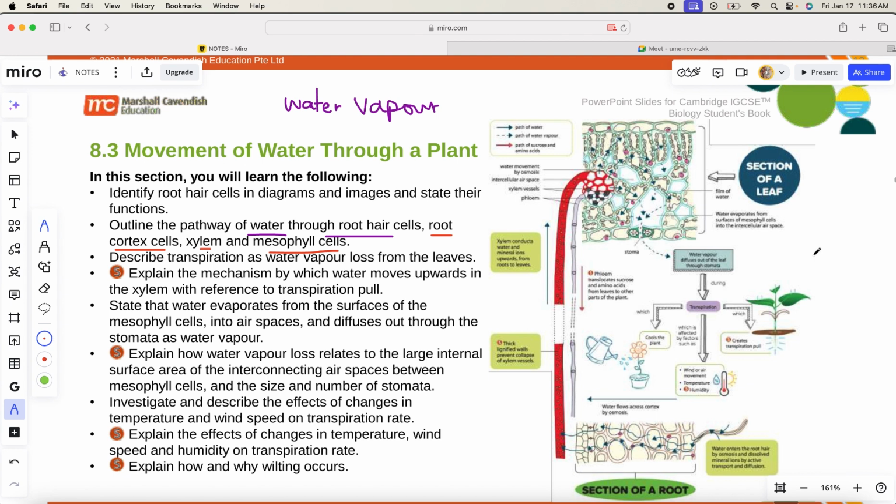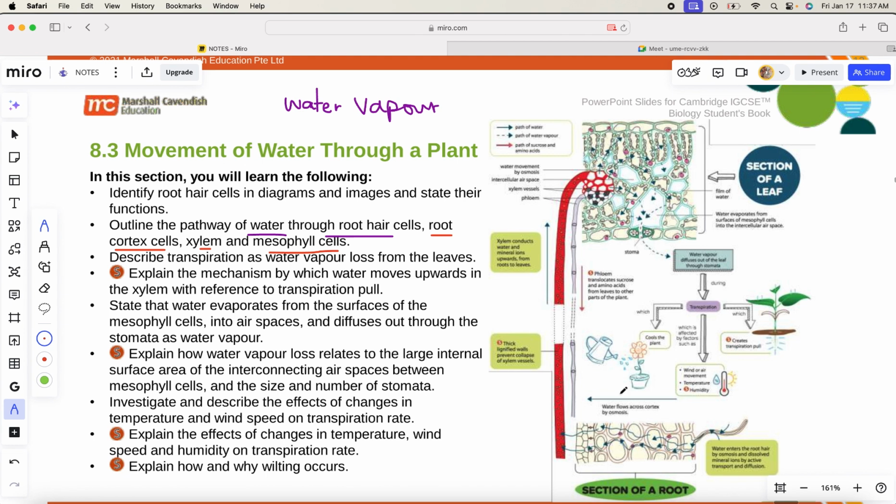So all this will happen, which means technically, let's take a look at something interesting here. Water is absorbed through the root hair cells, into the root cortex cells, to the xylem, and then transported through the xylem all the way to the vascular bundle in the leaf, and then to the palisade mesophyll layer, and some of it will become heated up and become water vapor and leave.